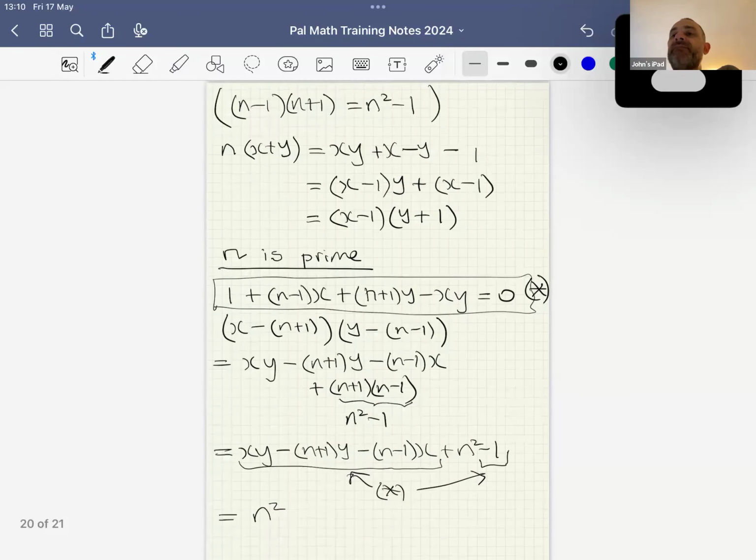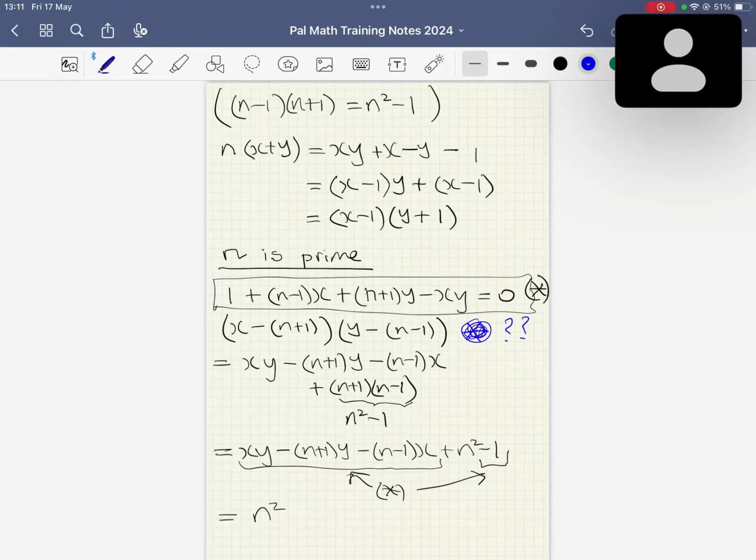So this key fact here, it's not at all clear. How do you do that? I don't know. Why do you look at that? You just have to experiment a lot of the time. Yes. And you have to be prepared to try things out.